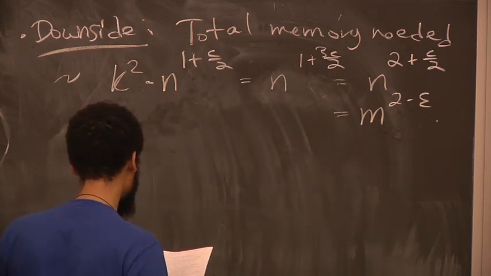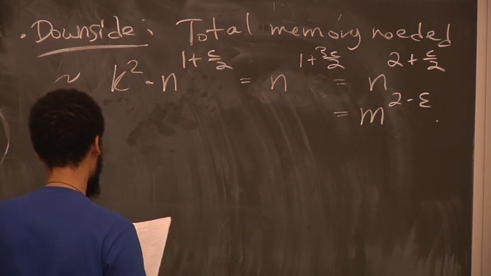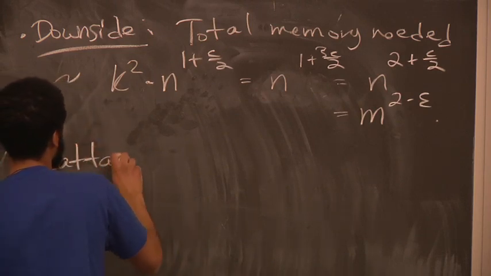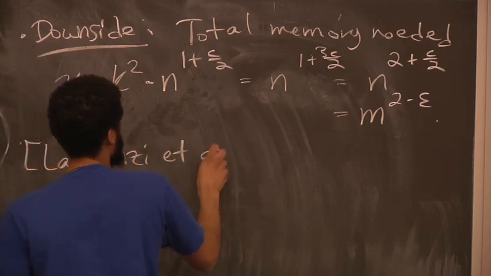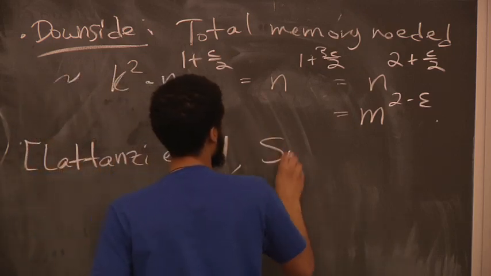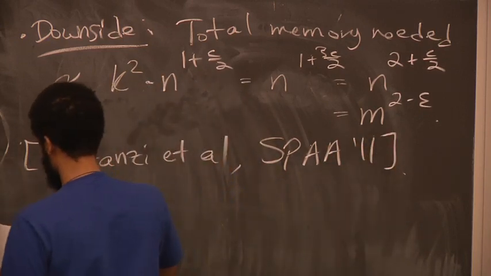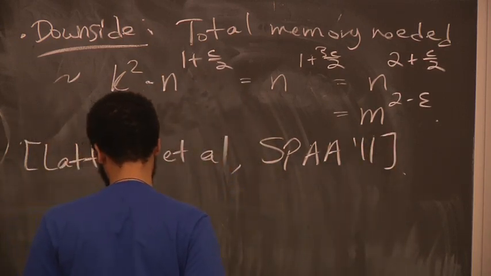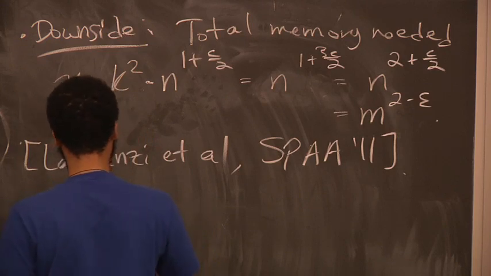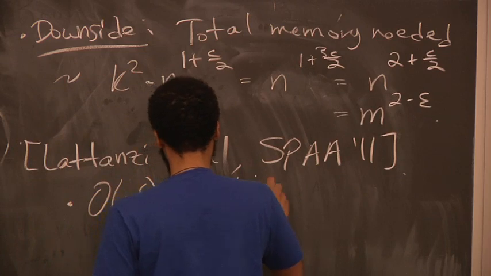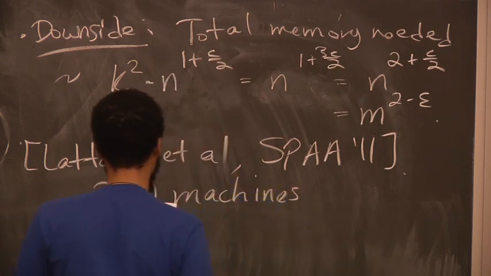So there was an algorithm afterward, Lattanzi et al., in SPAA 2011, which gets O of n to the c machines. So this is like the k squared.